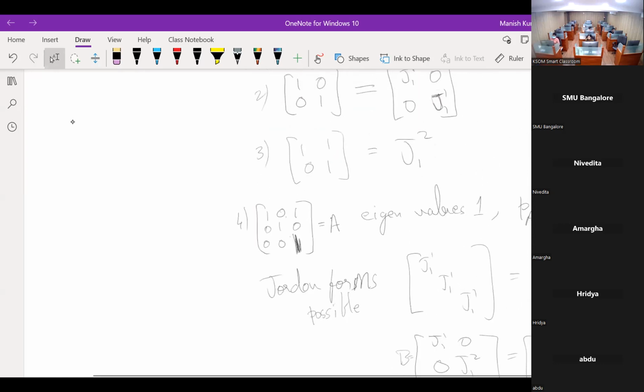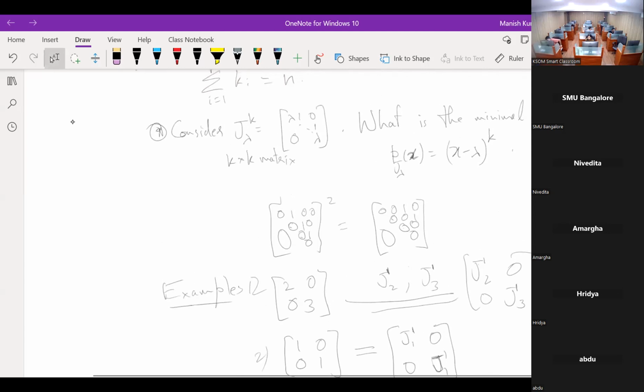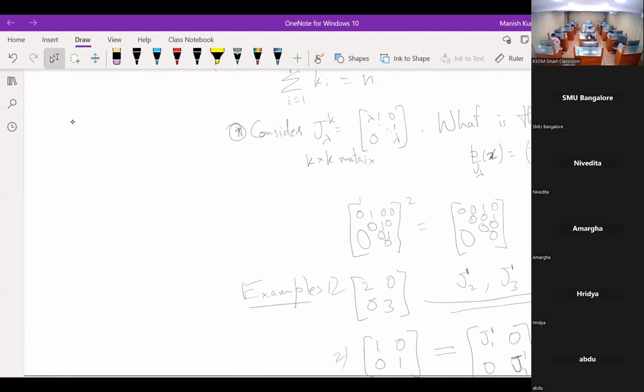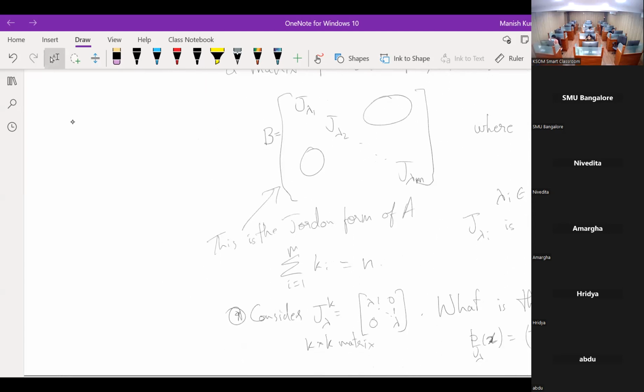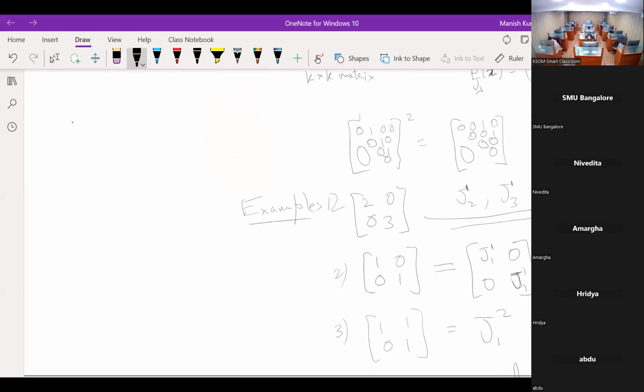Maybe I'll write it more precisely next time. In these Jordan blocks, you order them by the block size. So the bigger blocks come lower and the smaller blocks come upper. Then there will be uniqueness as well.